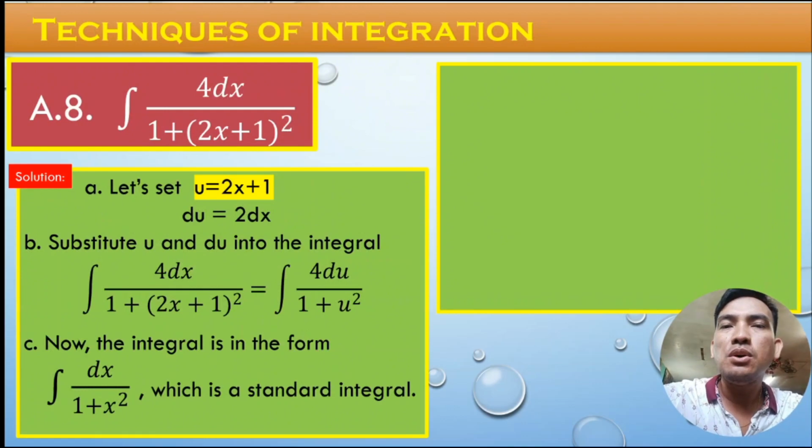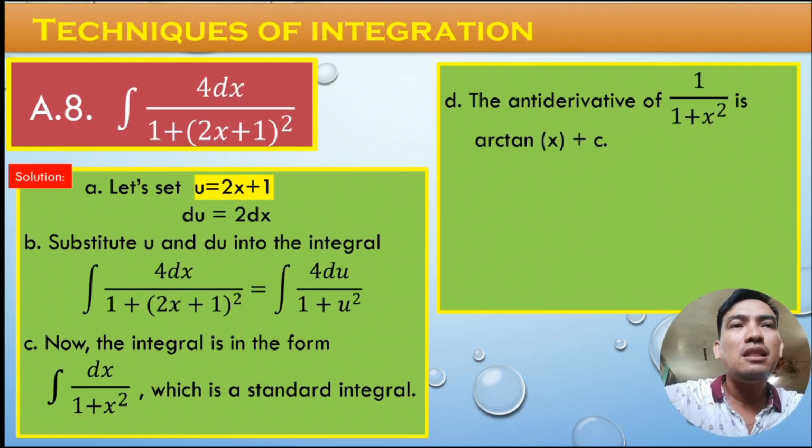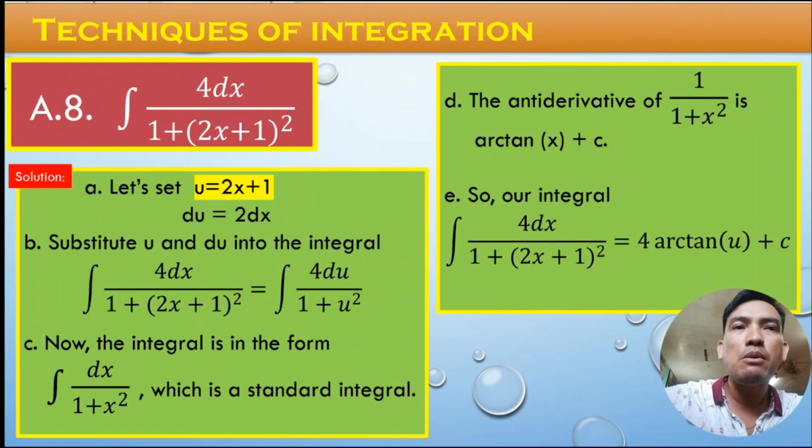Alright? So right there, we may now proceed with the integral in the form of dx over 1 plus x squared, which is our standard integral. The antiderivative of 1 over 1 plus x squared is arctan of x plus c. So, therefore, our integral of dx over 1 plus the quantity square of 2x plus 1 is just equal to 4 arctan u plus c.